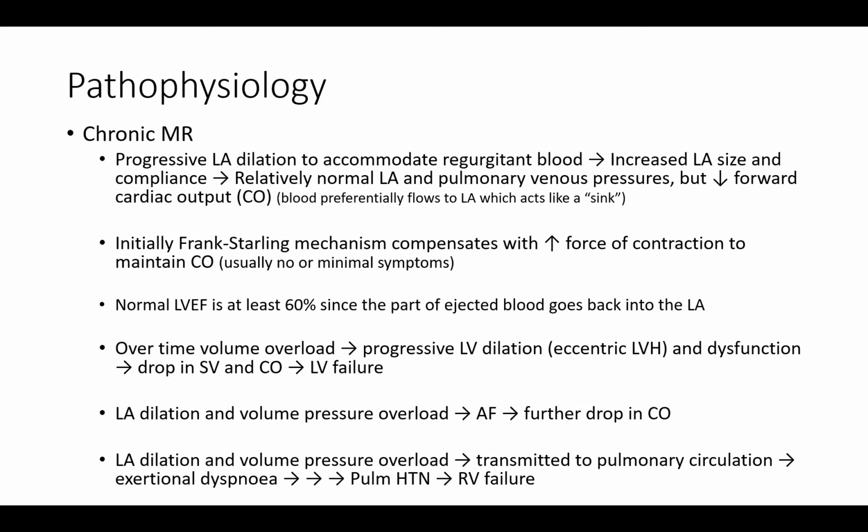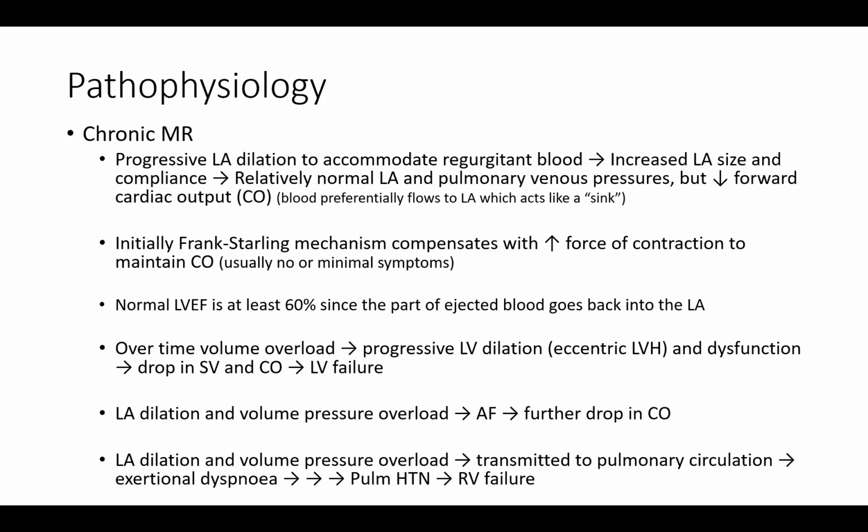It becomes larger and more compliant to be able to handle that pressure and volume. So in the compensated state, there's relatively normal left atrial pressure and pulmonary venous pressure despite the large volume. And there's a decrease in forward flow as well, like we said, because the blood will preferentially go into the lower pressure left atrium compared to the aorta.